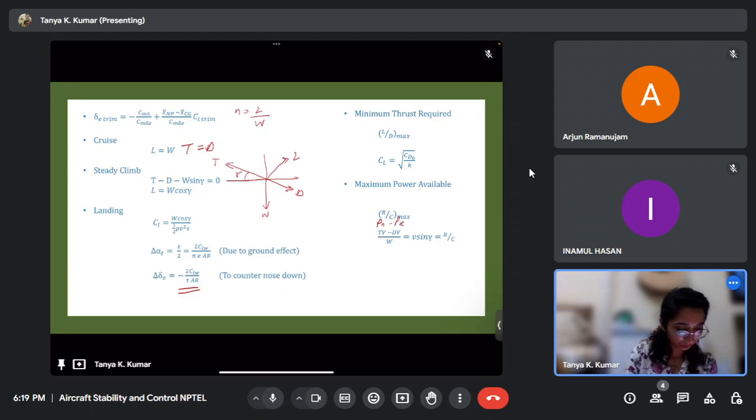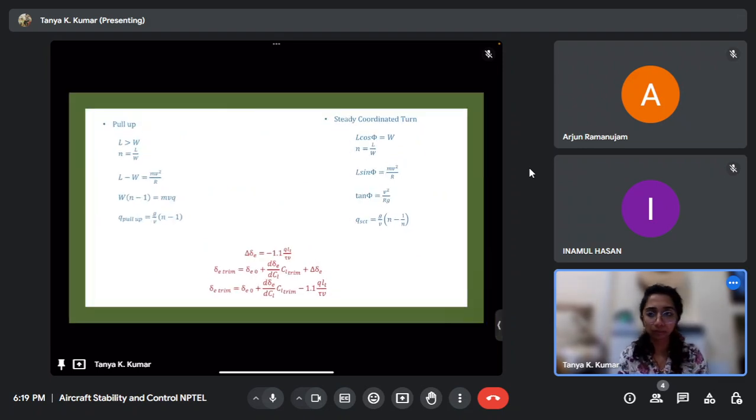The two maneuvers that we have seen in this lecture are pull up and steady coordinated turn. For pull up, unlike cruise, lift is not equal to weight; lift is greater than weight. So your load factor becomes L upon W, and it's greater than 1.